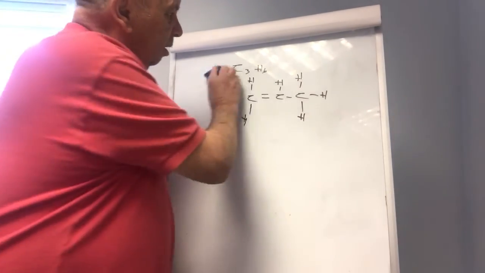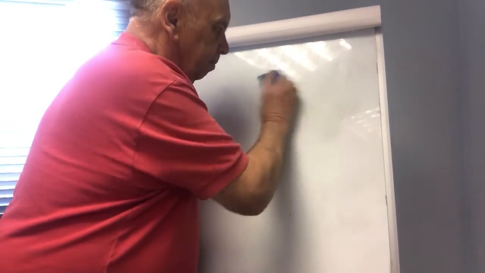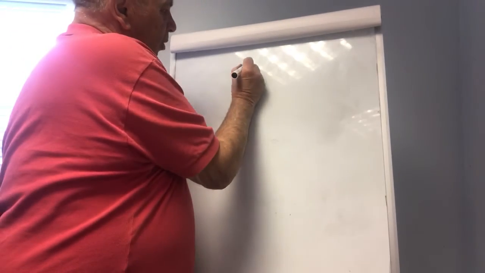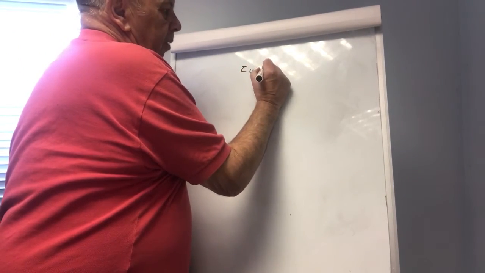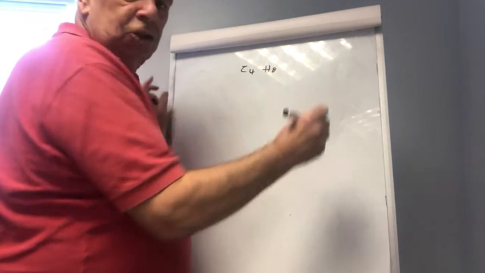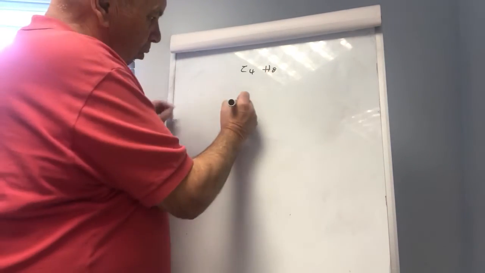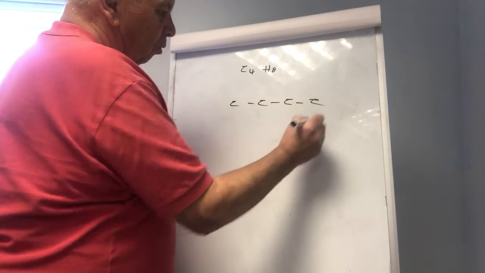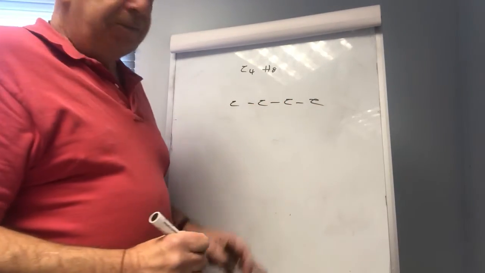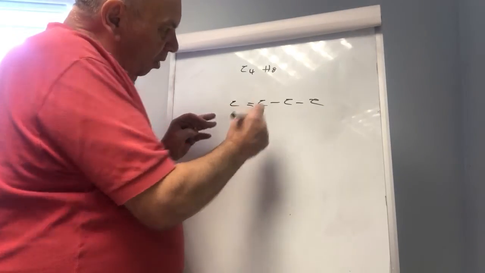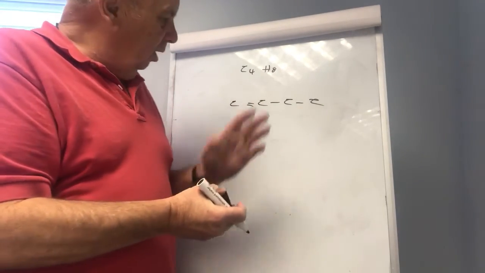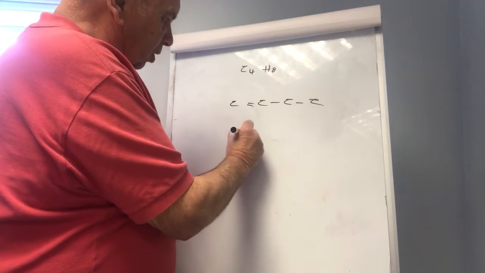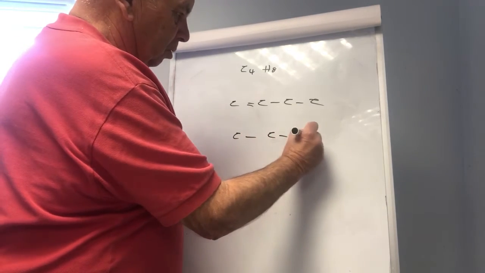Let's look at a final example. Butene, C4H8. Let's draw out the carbons, 1, 2, 3, 4. I'll put the double bond there, but you can see I can put the double bond in an alternative position.